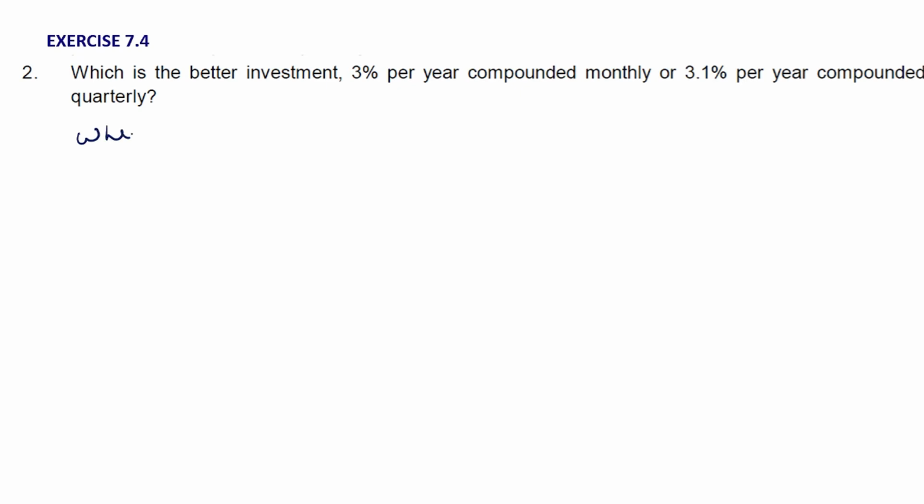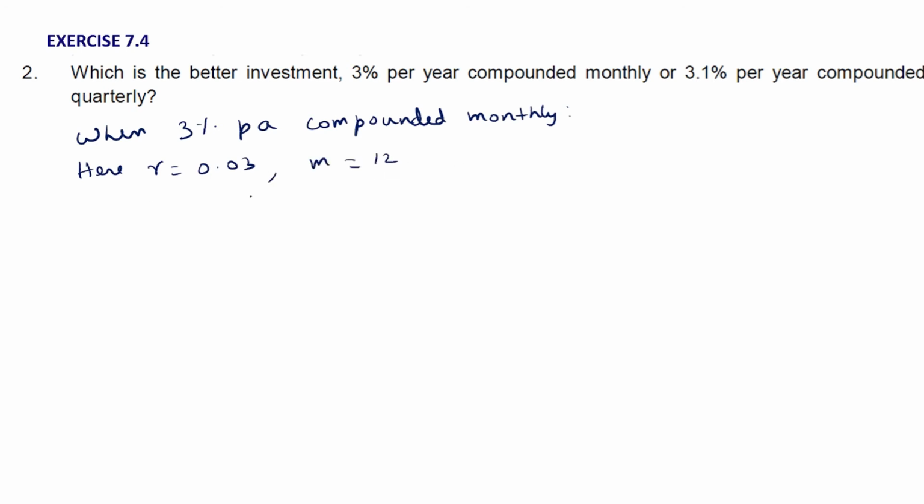So when 3% per year is compounded monthly, first let us take this. Here r is equal to 0.03 and m is equal to 12. We have r effective is equal to (1 + r/m)^m − 1.